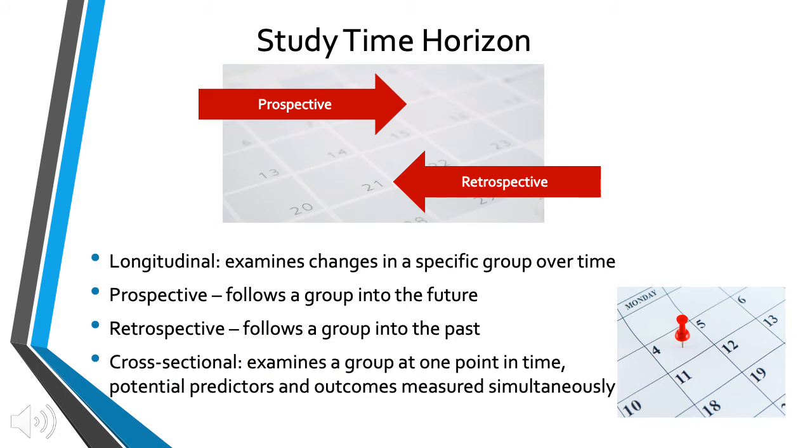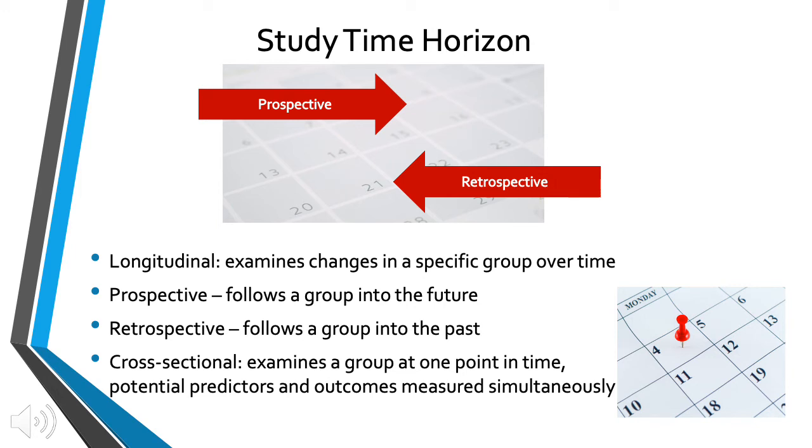As mentioned earlier, a randomized controlled trial is a longitudinal prospective study, meaning it follows study participants into the future. A retrospective study examines data that's been collected in the past for another purpose, such as a study that uses medical record data. Cross-sectional studies collect information about all the variables at one point in time.